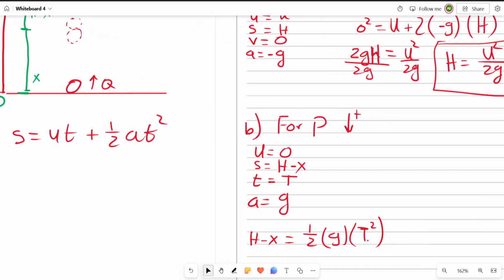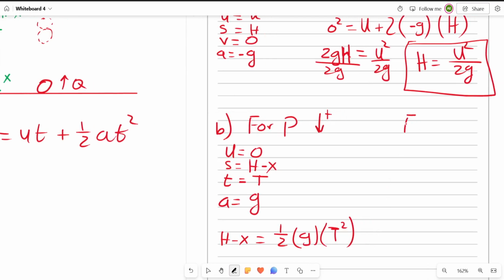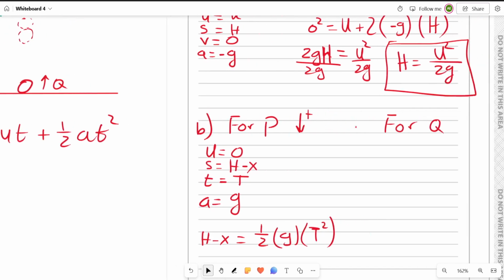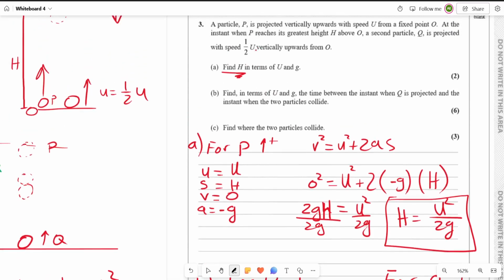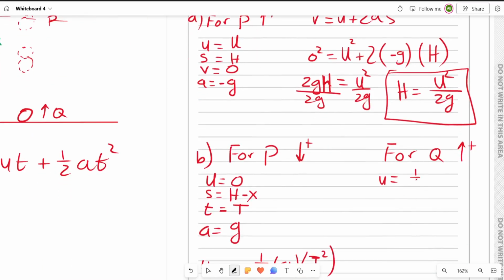Let's try and form an equation now for Q using the same exact ideas, and for Q let's take up as positive. What's the initial velocity of Q? It was given in the question as half u, because Q was projected vertically upwards with a speed of half u. Should I keep the speed positive or put a negative sign?